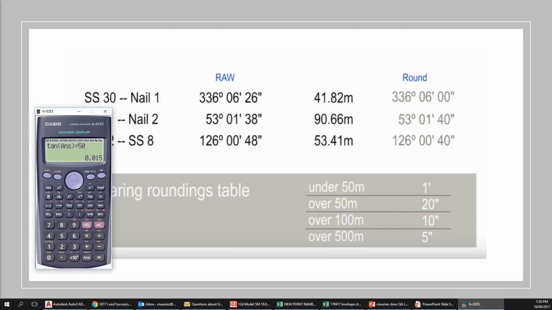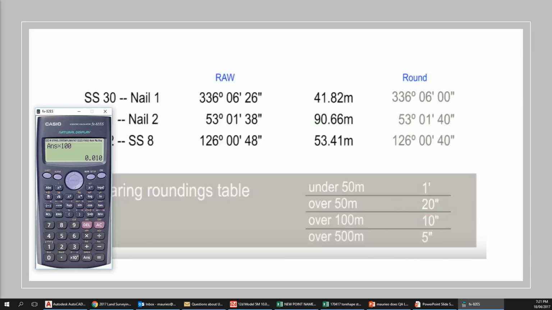So that's fine. Now if we look at over 50 and under 100, let's look at 100 meters and see what happens there for 20 seconds. So tan of 0 degrees 0 minutes 20 seconds, times 100 equals, we get only 0.010, or 10 mils.